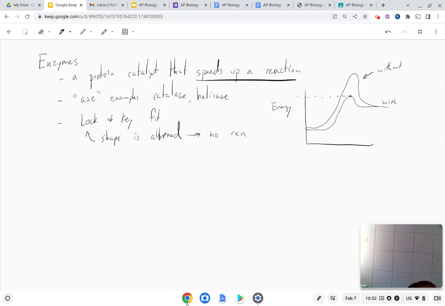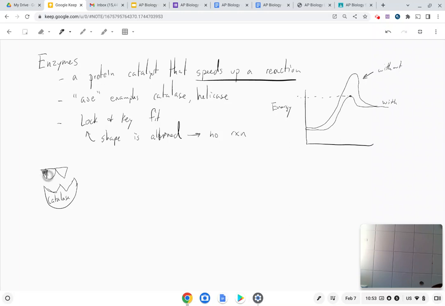So anyways, just the general picture is that you've got the enzyme. The enzyme has a specific shape to it, and this would be the lock and key fit that we're referring to. So this here is the catalase, let's say, and then the substrate is the thing that's reacting.